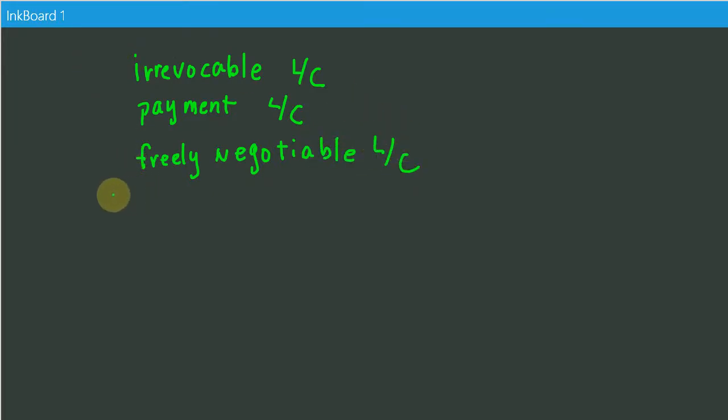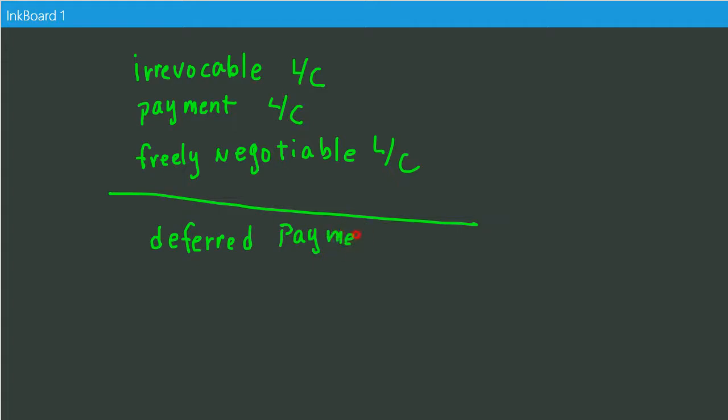And then next we will run deferred payment. Deferred payment LC. We have just covered this, okay?